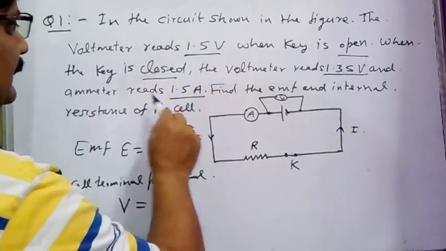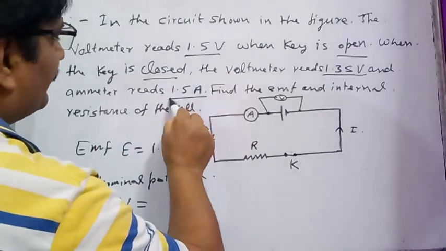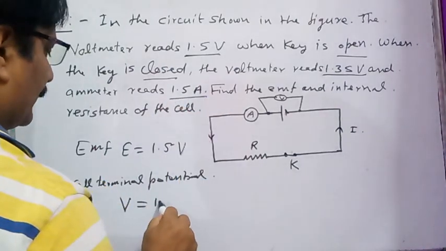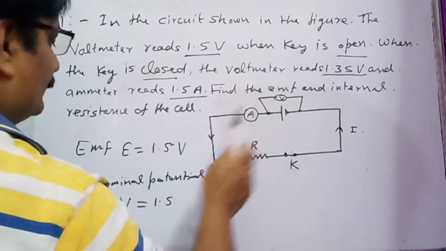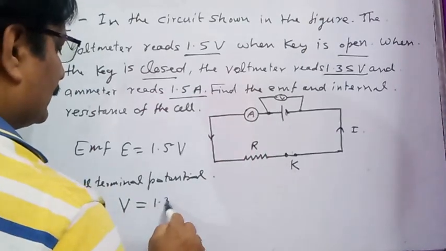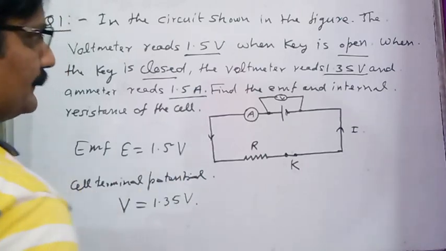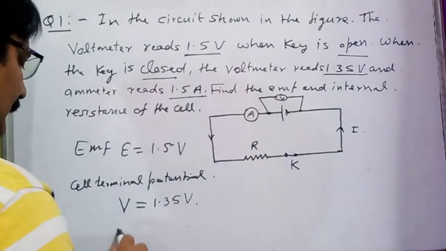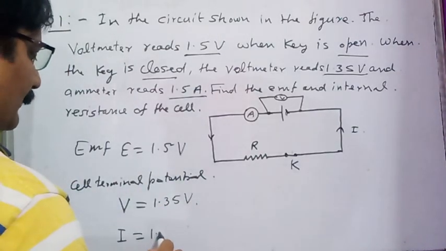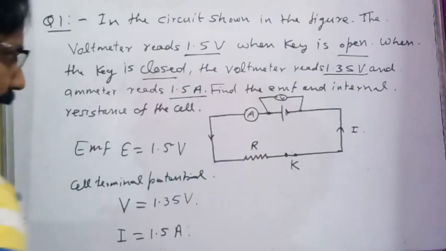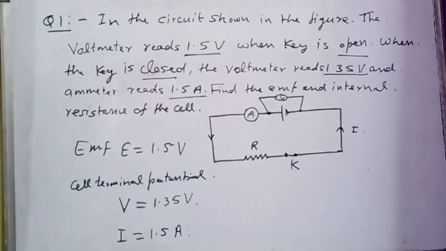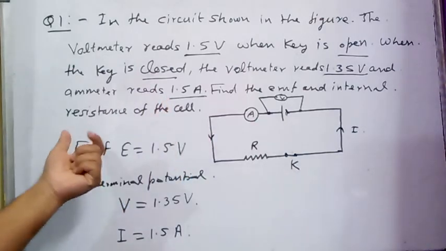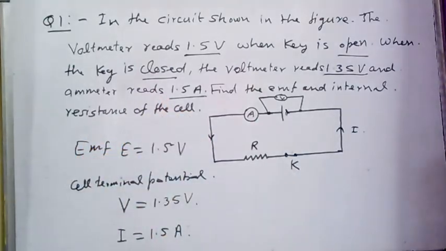It is the reading of the voltmeter in the second case, that is 1.35 volt. And what is the current in the circuit? I is equal to 1.5 ampere. Find the EMF and internal resistance of the cell.